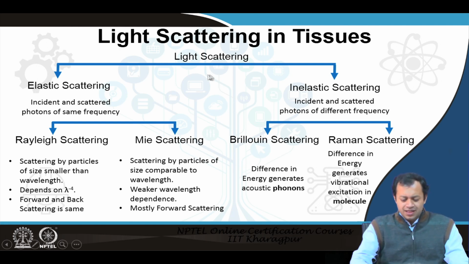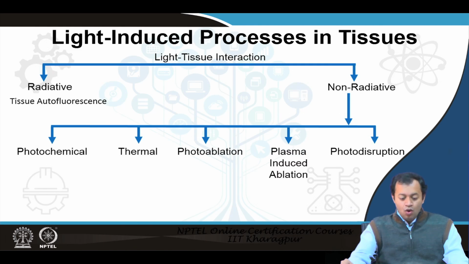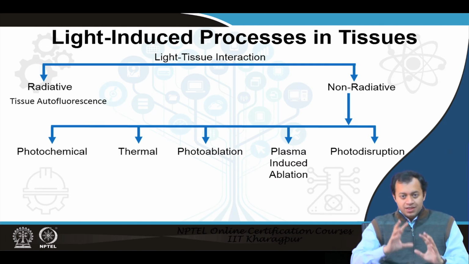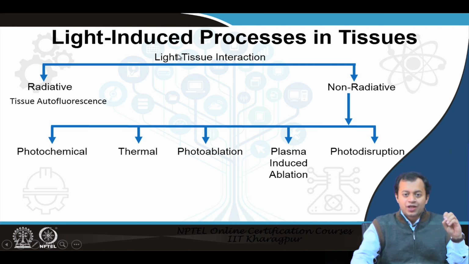So, let us discuss a little bit about the so what. When light hits upon a tissue, the tissue sample scatters the photon. So what? You can very well ask. Well, whenever the scattering takes place, several chain reactions can follow.